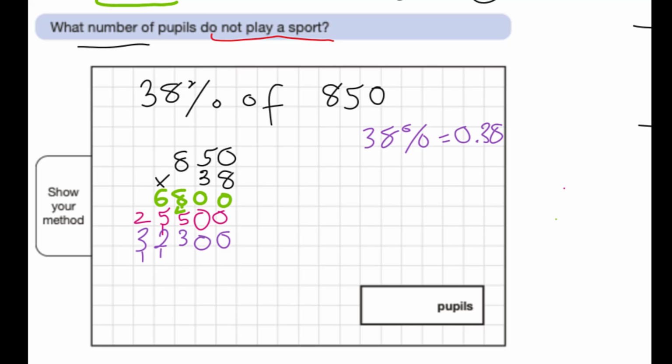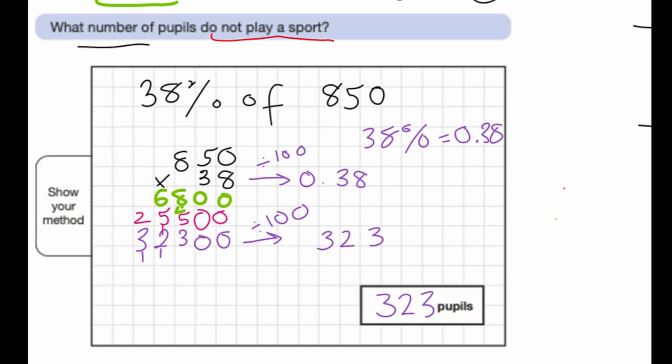So I need to divide, so that divided by 100 makes 0.38. So this answer divided by 100 will give me my actual answer. So to divide that by 100, each digit moves to the right 2 spaces. So it would be 323.